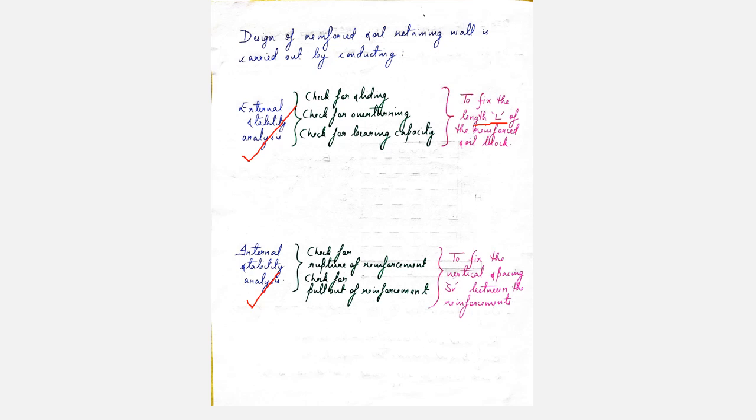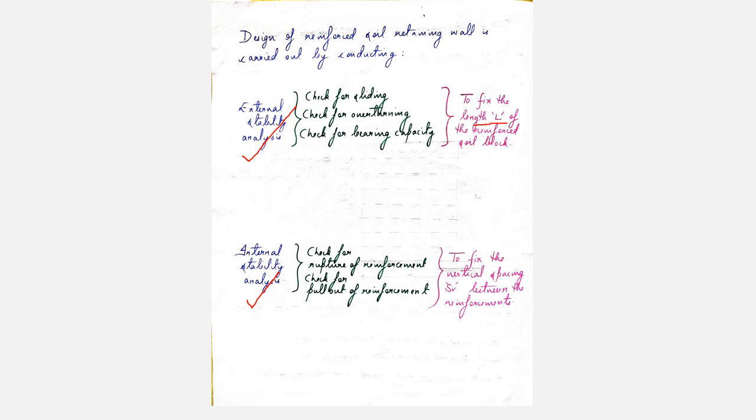Okay, so we have already learned that the reinforcements are prone to two different types of failures. Either the reinforcement can get ruptured, that is, if the tensile force mobilized within the reinforcement is greater than the tensile strength of the reinforcement, then the reinforcement will fail by rupture.